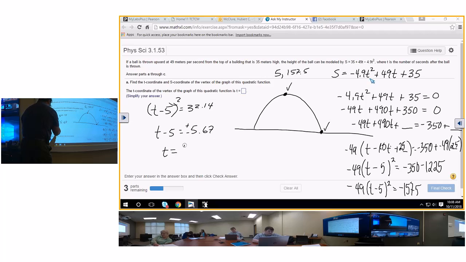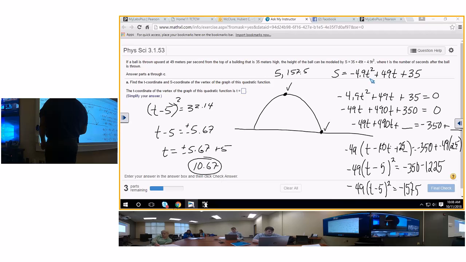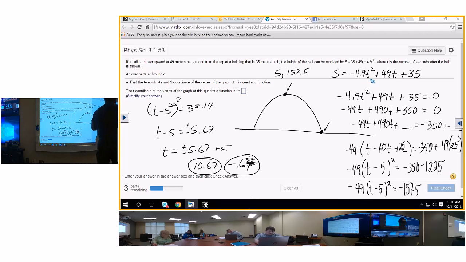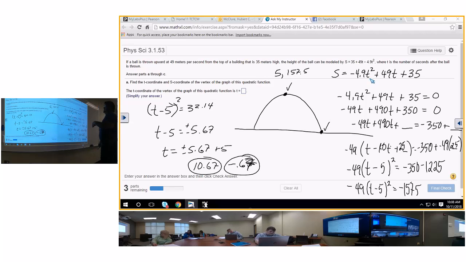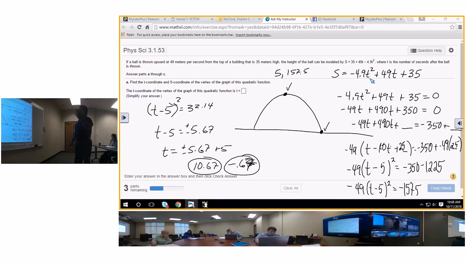T is equal to positive or negative 5.67 plus 5. That's going to be 10.67, and negative 0.67. So at 10.67, that'd be 10.67 seconds or whatever. I don't know what they're asking, but I think that's probably what that's going to be.